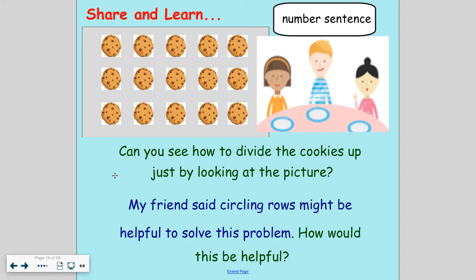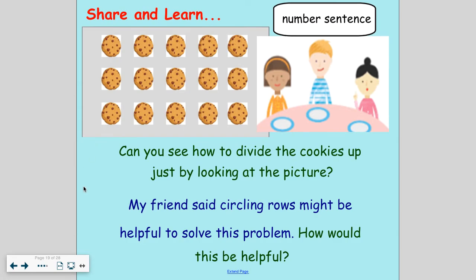Now I wonder, can you see how we could divide the cookies up really quickly just by looking at that picture? It looks a little bit like those pictures did yesterday because they are arranged into arrays.